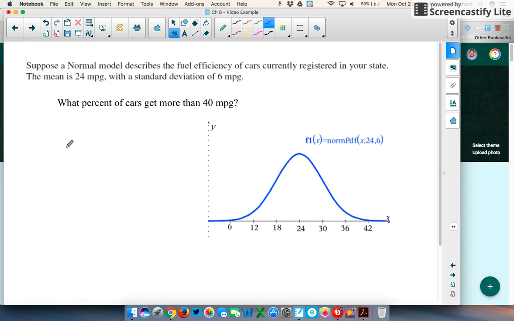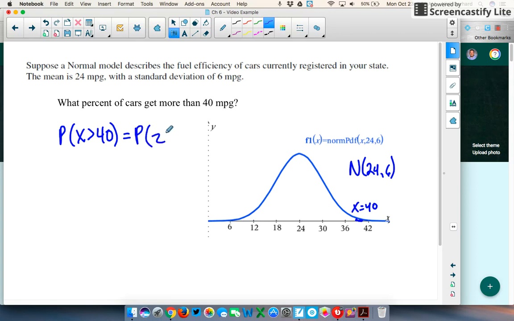So now the question is, what percent of cars get more than 40 miles per gallon? So 40 is out here. We'll make a little setup there. We'll say x equals 40. We have N(24, 6). And we're going to say the probability that x is greater than 40. Now we have to convert that to a z-score.